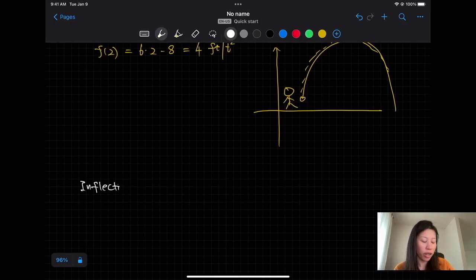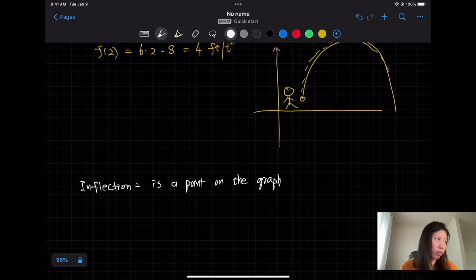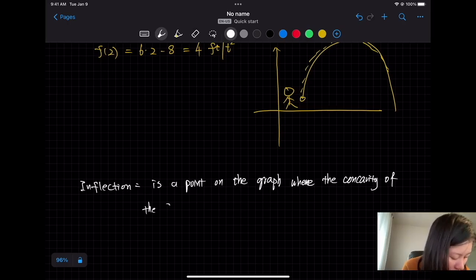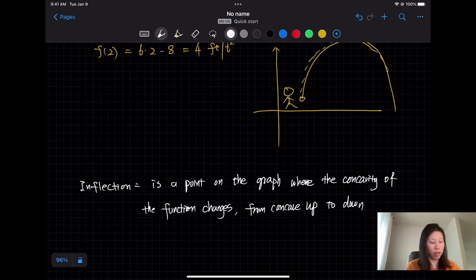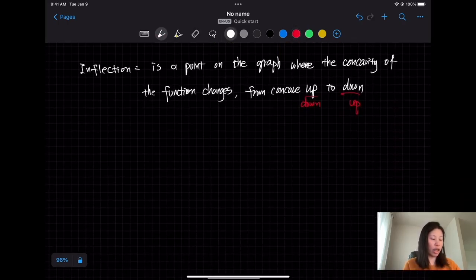By definition, an inflection point is a point on the graph of a function where the concavity of the function changes from concave up to concave down, or the other way, from concave down to concave up. So for example, look at this graph.